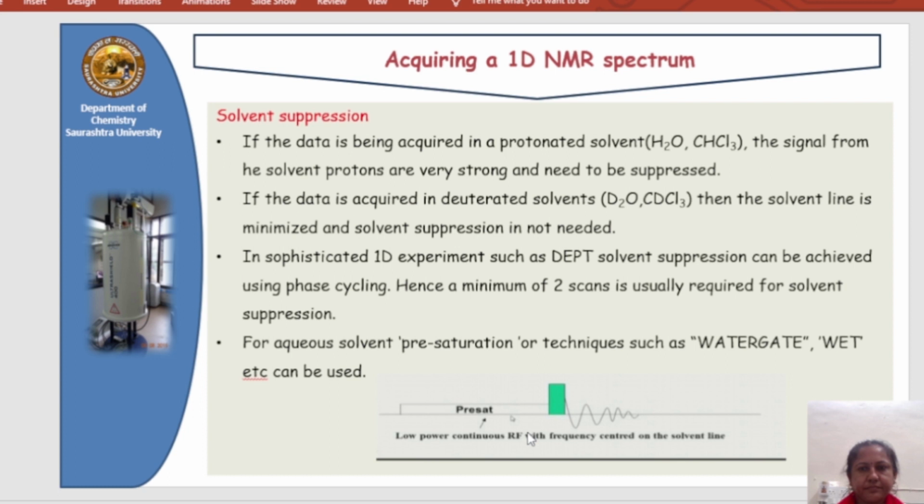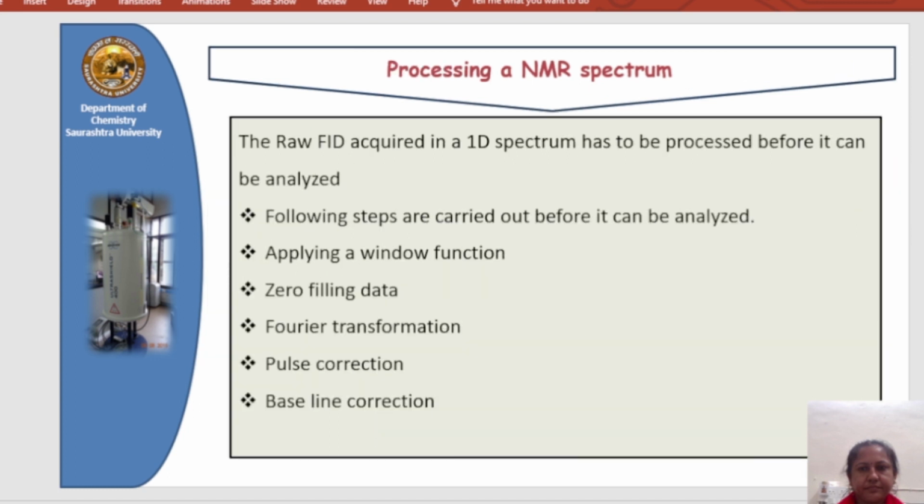How saturation is achieved we already discussed previously, but we just gave the idea. Now, processing of NMR generally covers these points. The first one is applying a window function, which in another sense improves or enhances the resolution.